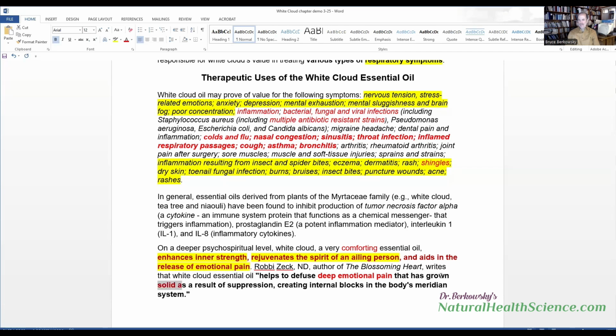Growing solid is yin. Condensing, yin is substance. The emotional pain, which would be outwardly yang, has given rise, yang creating yin, to solidity, a type of physicality, a type of substance. The pain itself has become a type of substance. And why? It's as a result of suppression.